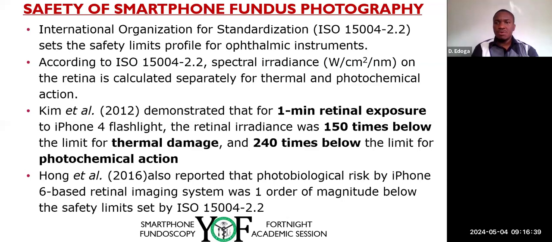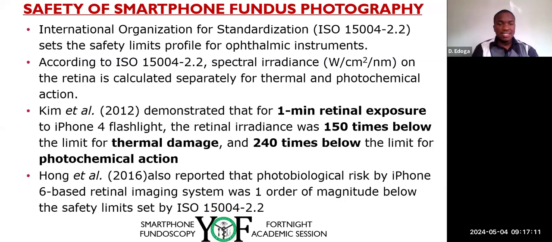So for smartphones, in 2012, Kim et al. used an iPhone 4 and did an experiment and exposed the retina for about 1 minute and found out that the retinal irradiance was 150 times below the limit for thermal damage and 240 times below the limit for photochemical damage. These are things that are happening in the retina, thermal or photochemical damage.